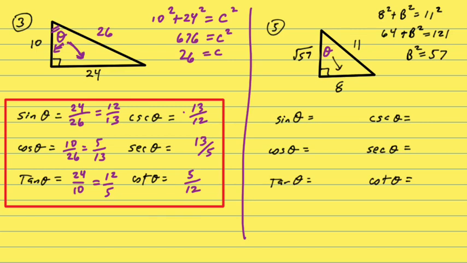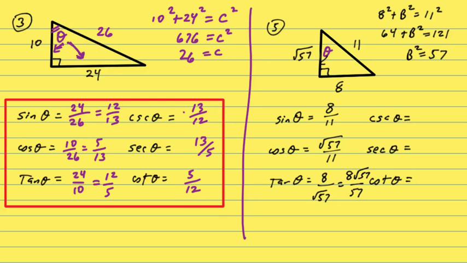Sine is opposite over hypotenuse, so I think that's 8 over 11. Cosine is adjacent over hypotenuse, which would be radical 57 over 11. Tangent is TOA, that's opposite over adjacent, so that would be 8 over radical 57. When you rationalize it, you get 8 radical 57 over 57.